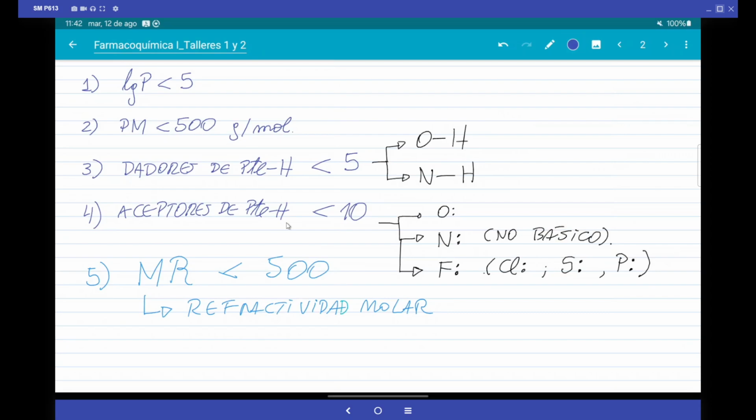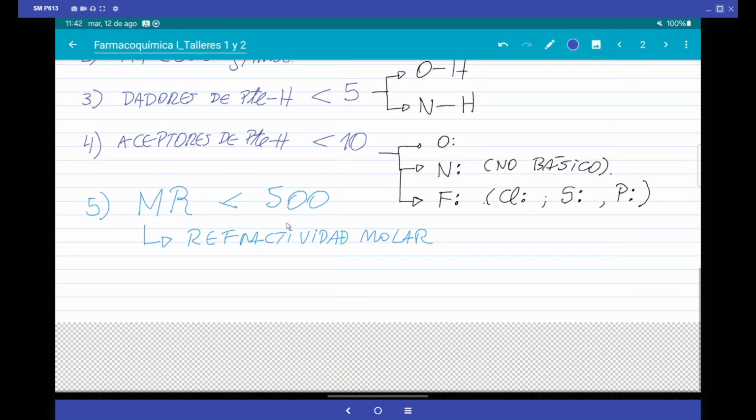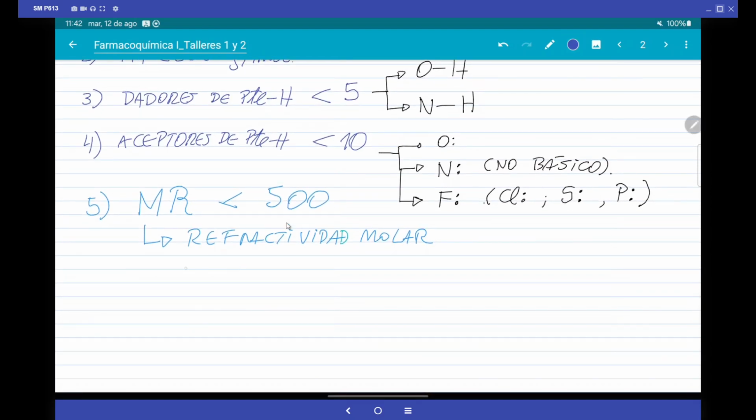But the concept is much broader and has to do with the following. Molar refractivity always delivers two things. First is a measure of the volume of the molecule. It is a measure of the molecular volume. And second is a measure of its polarizability.